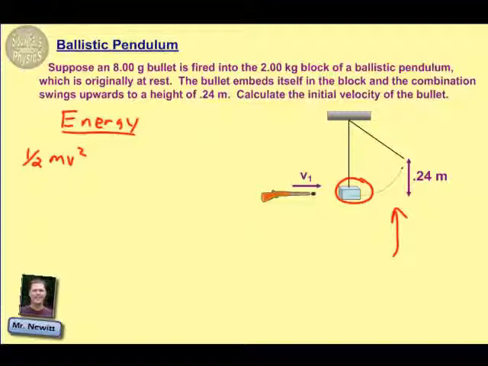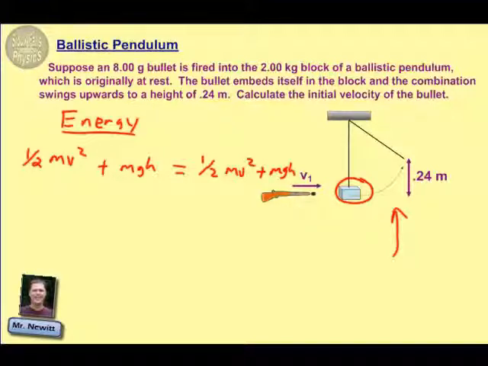So the kinetic energy, 1/2 mv squared, which is my bullet and block combination after the collision has already happened, plus the potential energy that we start with, mgh, this is the beginning part, when the bullet collides with the block, has to be equal to the kinetic energy plus the potential energy at the highest point, at the upward swing that we have.